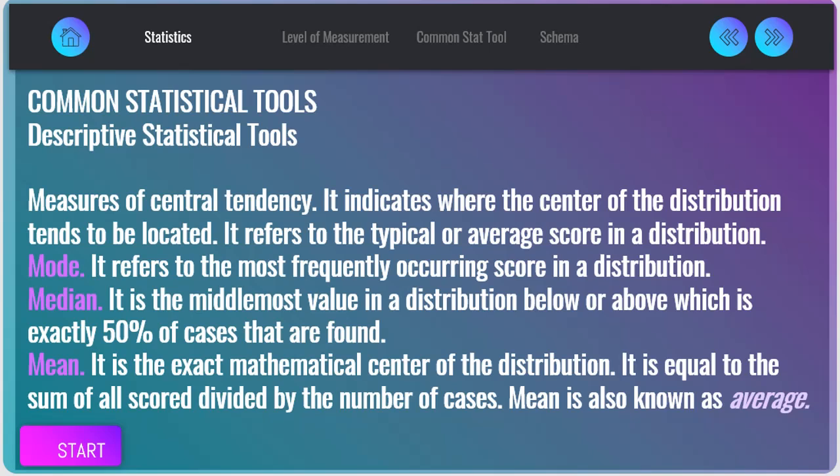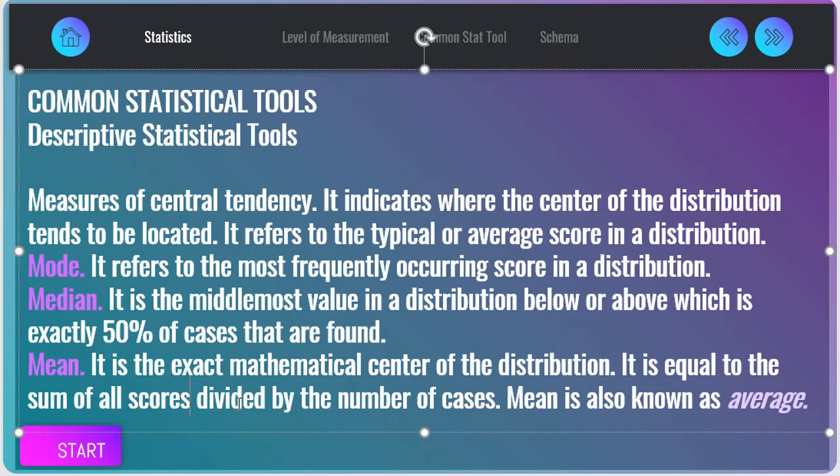The third measure of central tendency is mean. It is the exact mathematical center of the distribution. It is equal to the sum of all scores divided by the number of cases. Mean is also known as average.